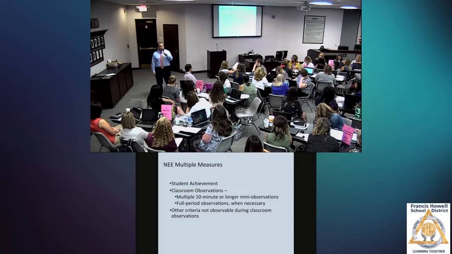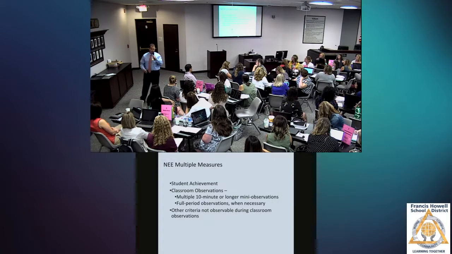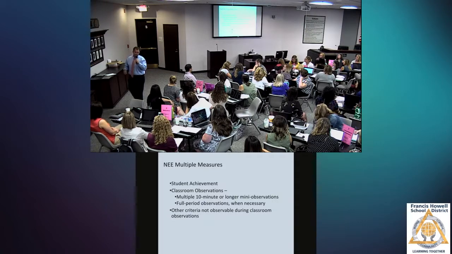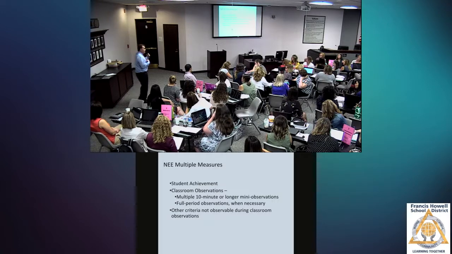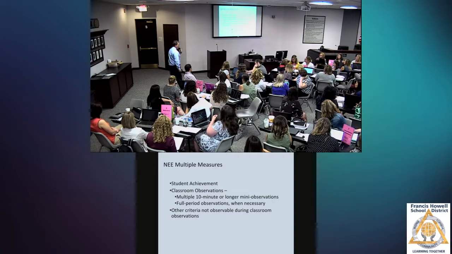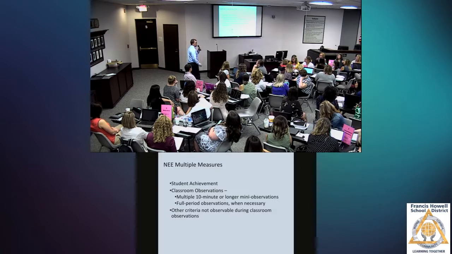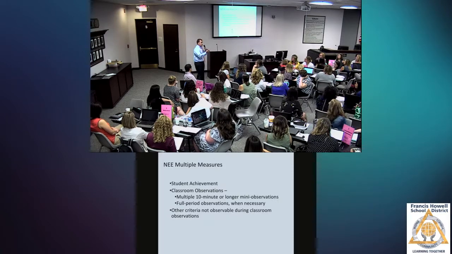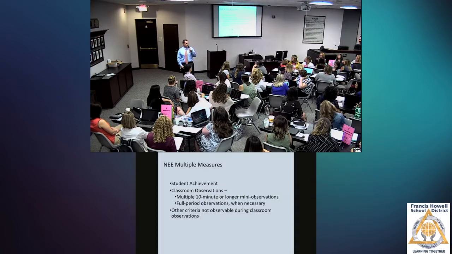Now you may see a principal come in the 7th, the 8th, the 9th, the 10th time, and that's okay. Our expectation for our principals is a minimum of 6 times. Sometimes they'll stay 10 minutes, sometimes 15, sometimes 20. Sometimes if they have the opportunity, they may stay the whole hour. So don't think anything of that.